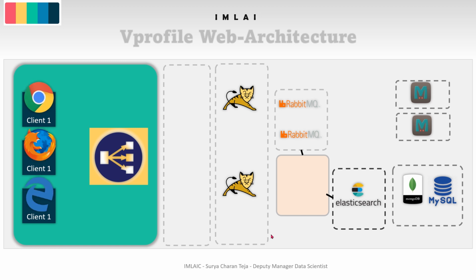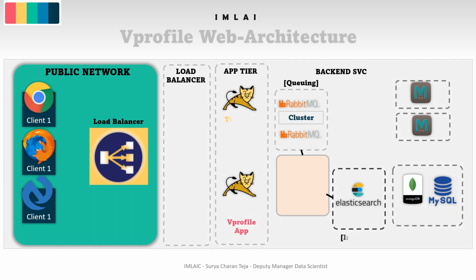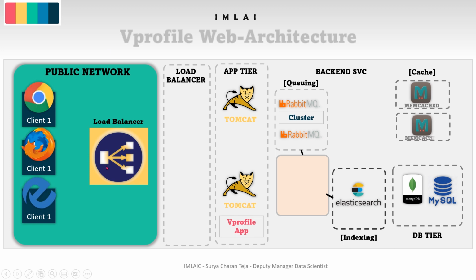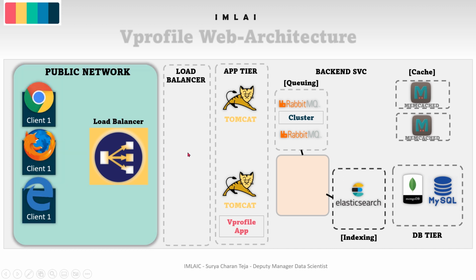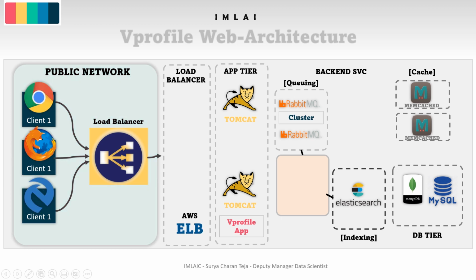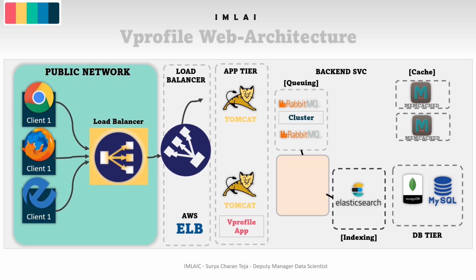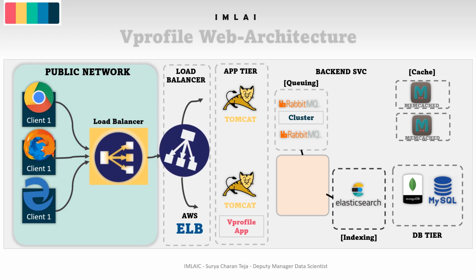So this is the public network on the left side, and from the public network we'll use a load balancer. This load balancer can be created internally inside our AWS, Elastic Load Balancing, that we are going to use. This will be connected with the app tier Tomcat, the front end page that we are going to see.